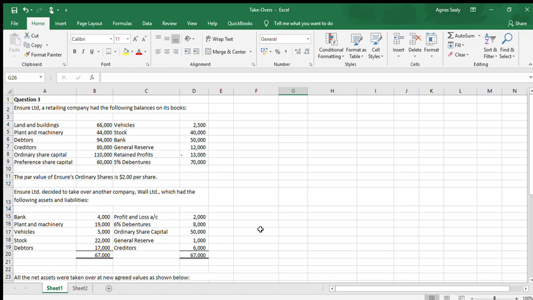After we've transferred the net assets of company B to the realization account, we will transfer the capital section of company B to what is called the sundry shareholders account.